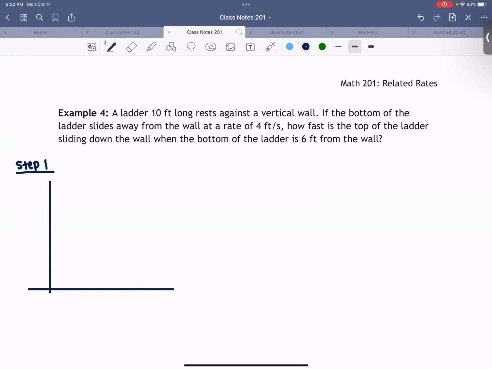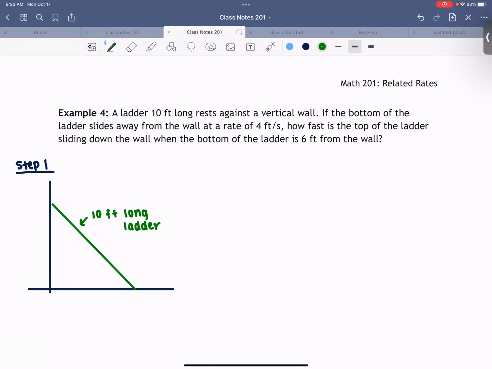If a ladder is resting against the wall, then my ladder, I'm going to draw it in green, looks like this. Let me make a straight line here. Okay, so that's my ladder. Now I already know that my ladder is 10 feet long, so let me just label that. So, 10 foot long ladder.